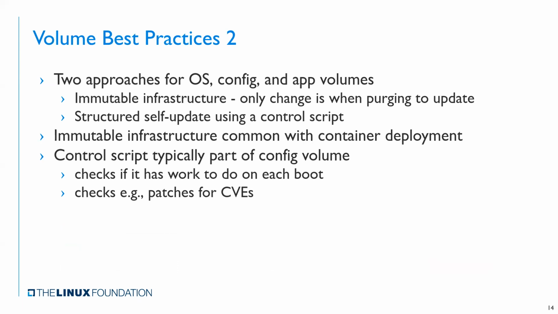So in terms of how you deal with configuration and updates, I've hinted at this a bit with the purging things. There are two ways, and this might not be the perfect use of these terms, but one of them is immutable infrastructure. Immutable infrastructure is something that's common in data centers and cloud deployments, maybe more around containers, but it applies to VMs as well.